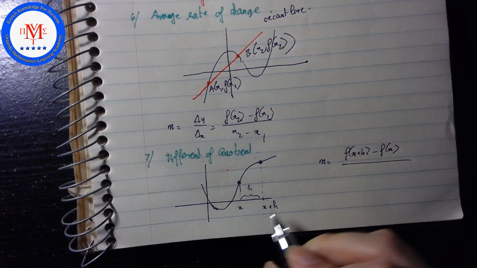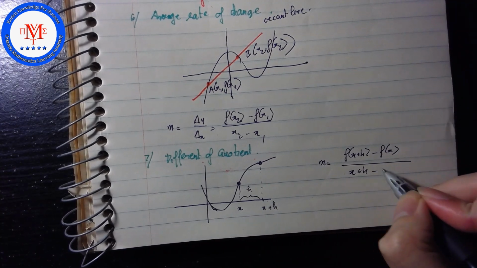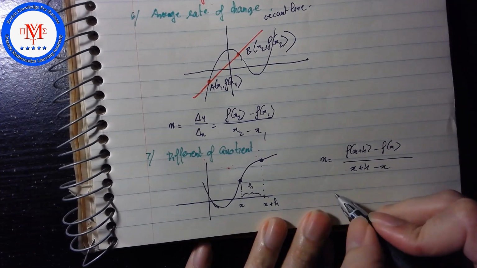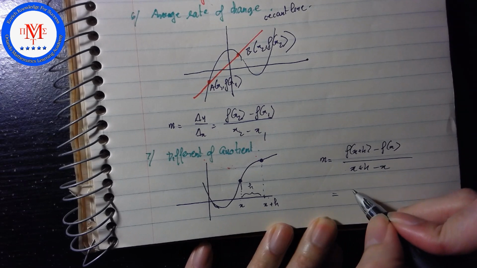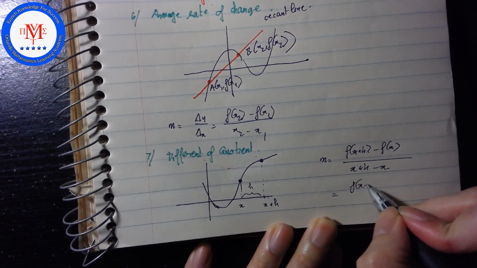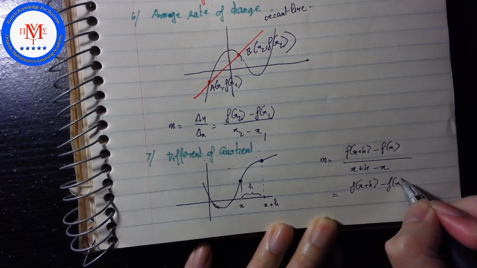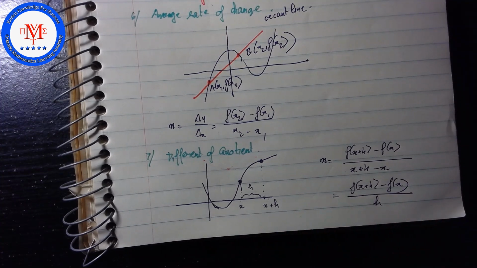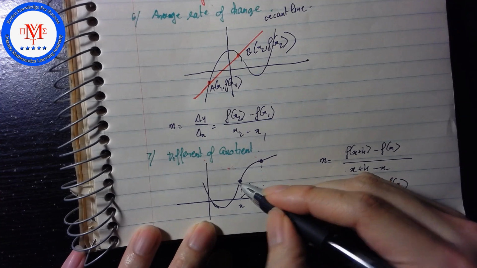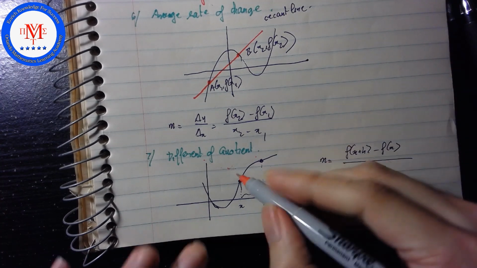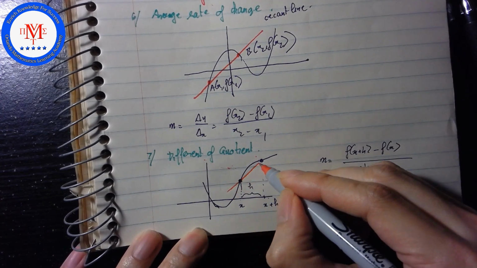So the difference quotient becomes f(x plus h) minus f(x) over h. And let me connect these 2 points. This formula also represents the slope of the secant line here.